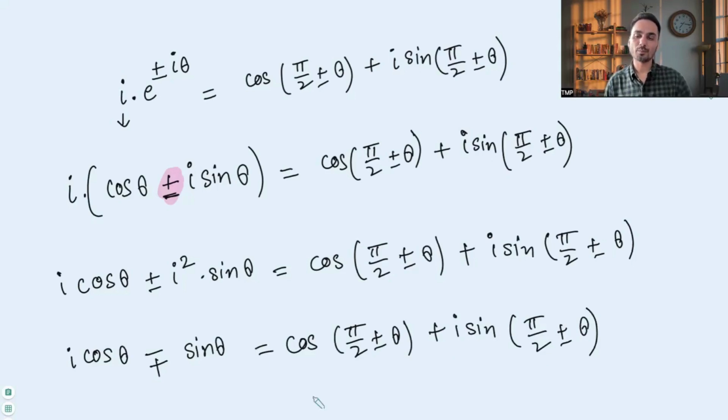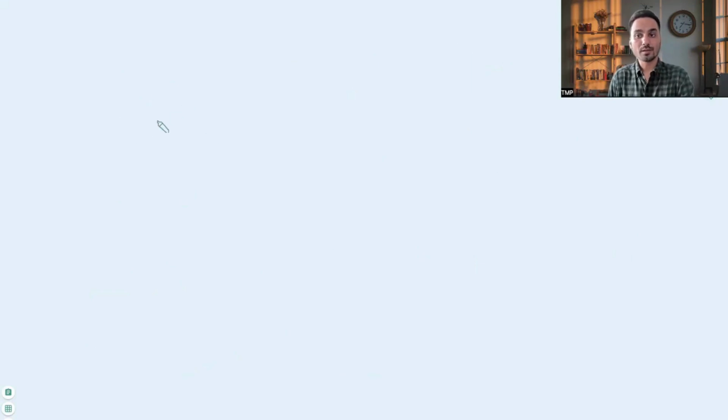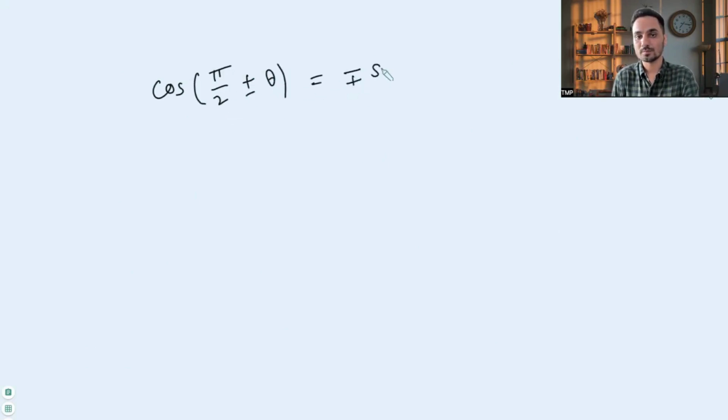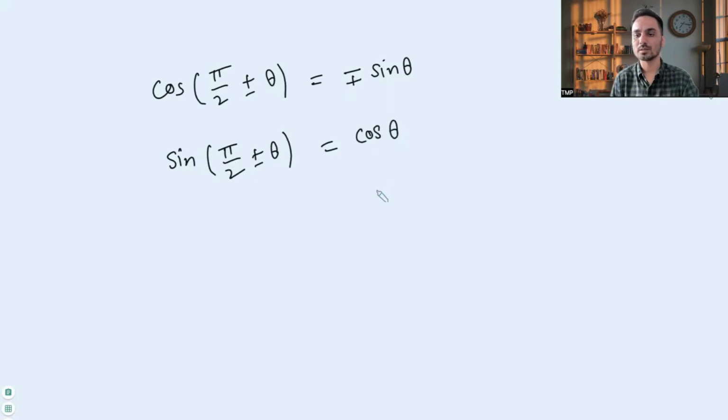And now we can compare the real parts and imaginary parts on both sides. So we can compare the real part on the left hand side, which is plus minus sine theta, with the real part on the right hand side, which is cos (pi over 2 plus minus theta), and then you can compare the imaginary terms as well. So comparing the parts, we get cos (90 plus minus theta) is the same as minus plus sine theta, and sine (pi over 2 plus minus theta) is the same as cos theta.